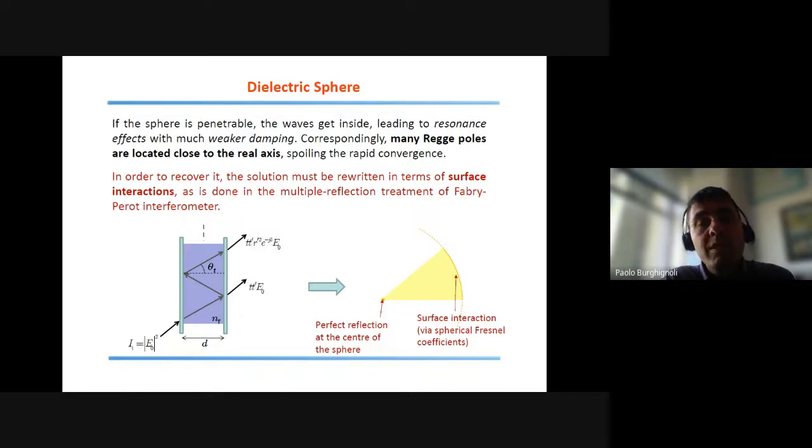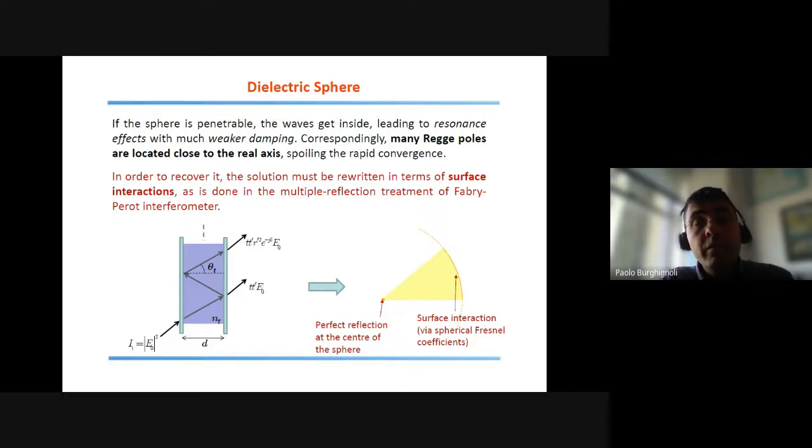So they are complex poles, but their imaginary part is very small. And since it is very small, the relevant series that is obtained by employing the standard Watson transformation would not be a rapidly converging one. So there would be no convenience in employing these Watson transformed series.